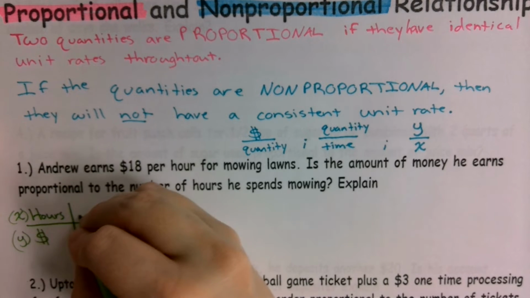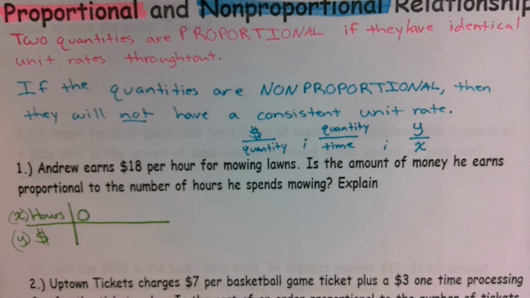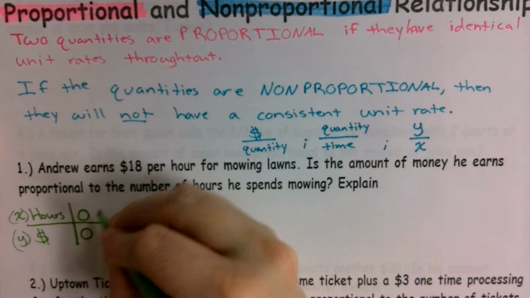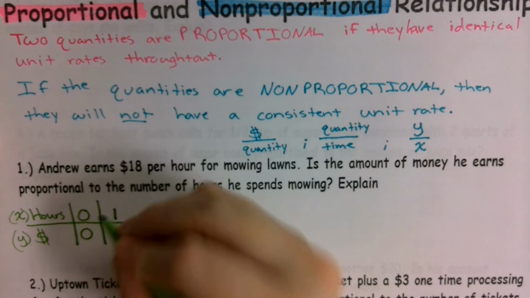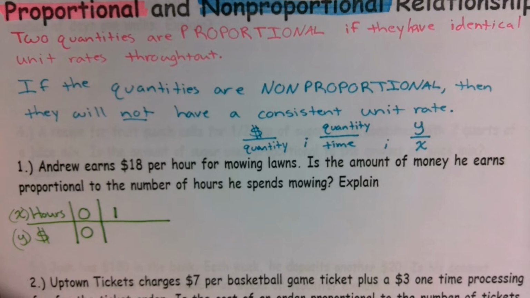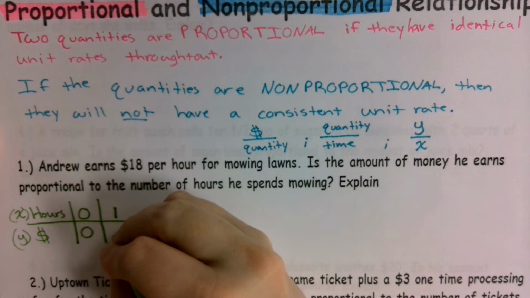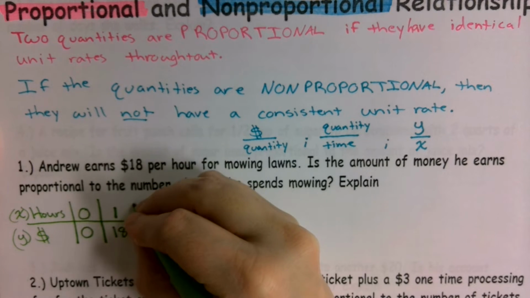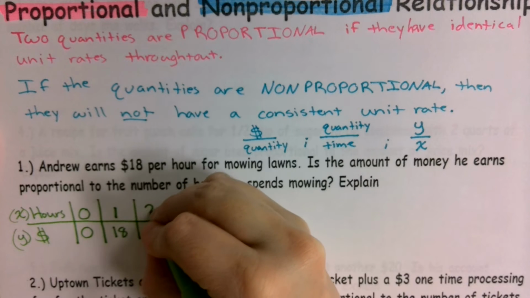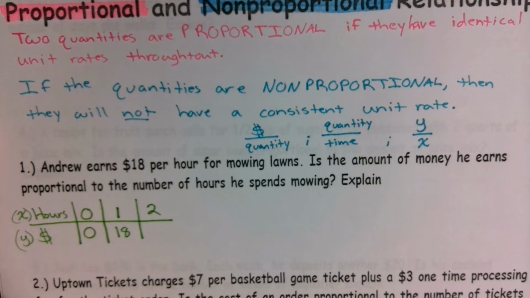So if he doesn't work at all, how much money will he earn? 0, right? If you don't work, you don't get paid. Now, if he works for 1 hour, how much money is he going to earn? $18.